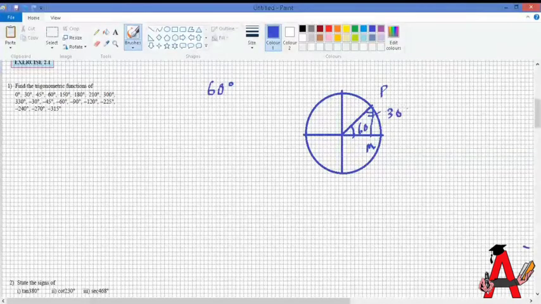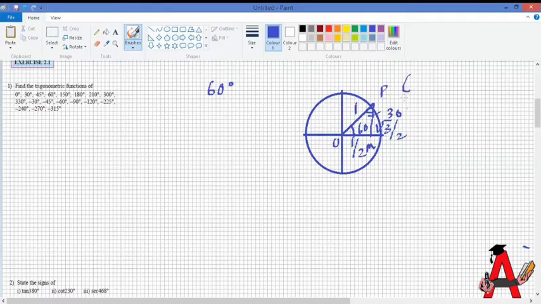We have studied in 10th standard that the side which is opposite to 30 degrees is half of the hypotenuse. Therefore, if this is 1, this is going to be 1 by 2. Similarly, the side which is opposite to 60 degrees is root 3 by 2 of the hypotenuse. So we have got these values. Now P is going to be x comma y. The value of x is OM, which is half.